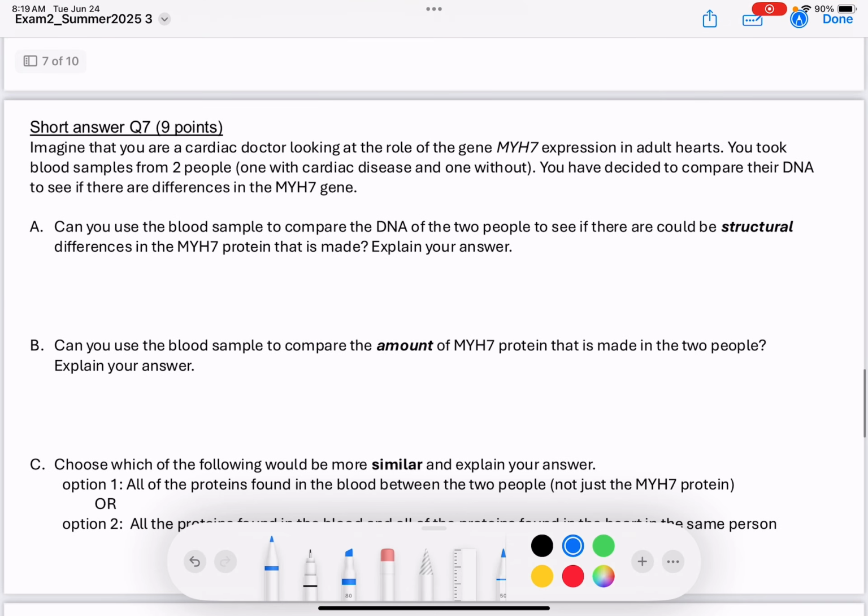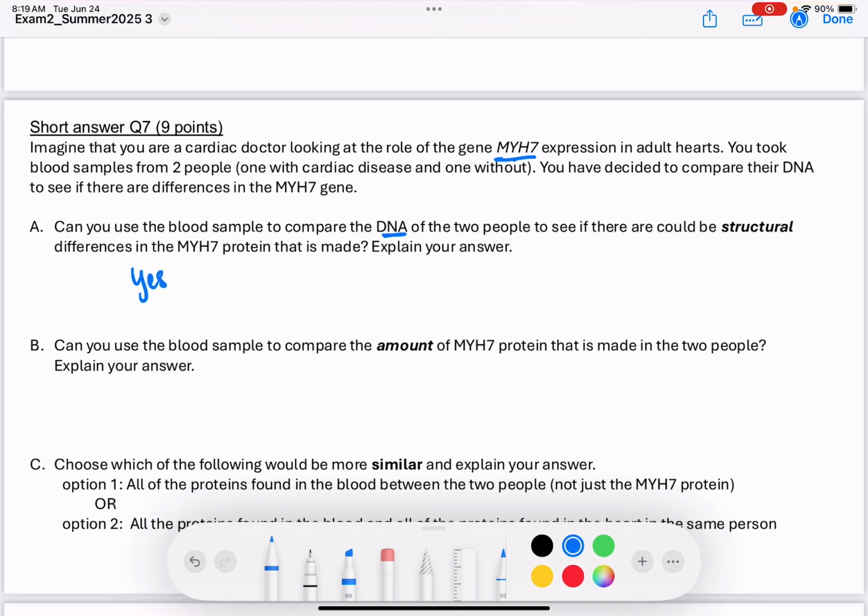Okay. The next one, imagine that you are a cardiac doctor looking at the role of this gene MYH7 expression in adult hearts. You took blood samples from two people, one with cardiac disease and one without. You have decided to compare their DNA to see if there's any differences in this gene. Can you use the blood sample to compare the DNA of the two people to see if there could be structural differences in the protein that's made?